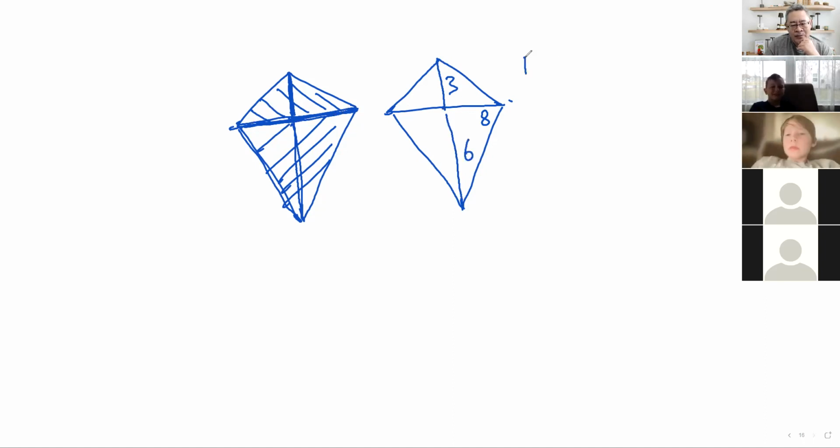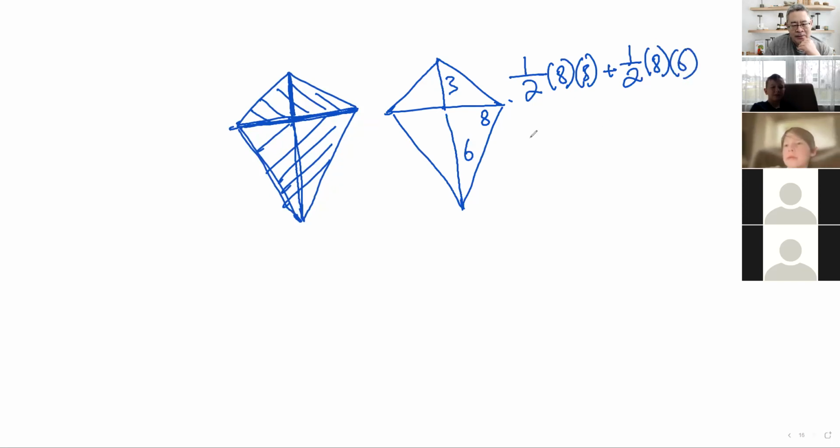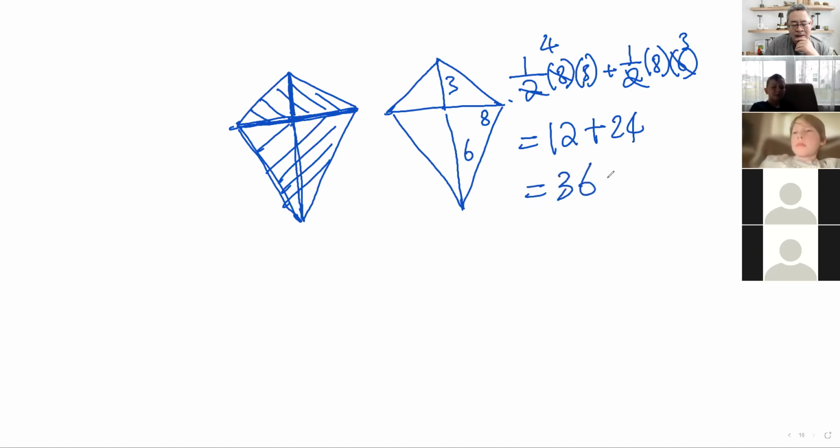Then we've got 2 triangles: half the base 8 times 3 plus half the base 8 times 6. So we got half of 8, that's 4, times 3 is 12, and 4 times 6 is 24. Then we got 36. So that is just an example.